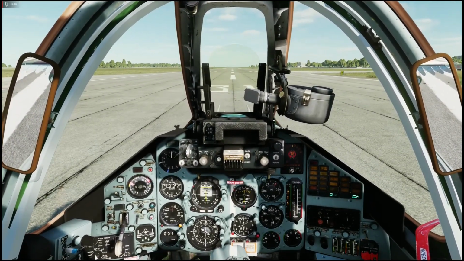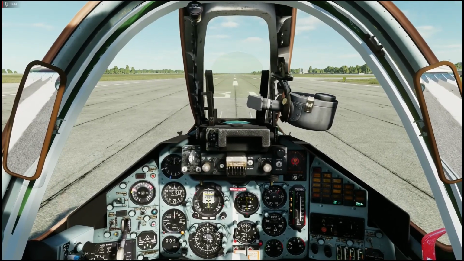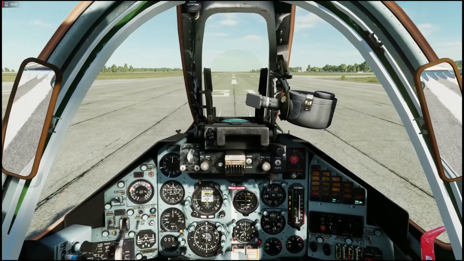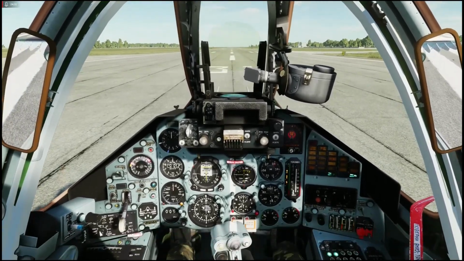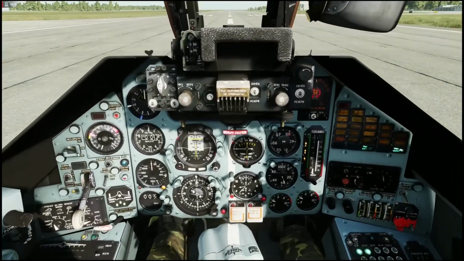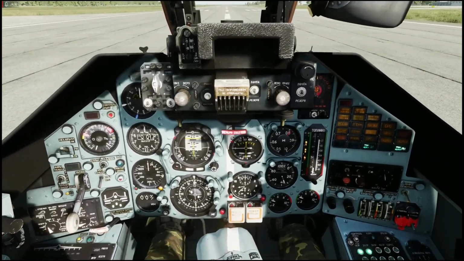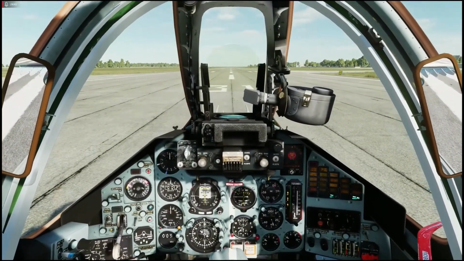So trust your instruments, but know which instrument to follow. Do not let yourself be confused by all the other instruments. Know which one you need and ignore all the rest. Like the clock. I don't care about the clock. The clock could be around here.